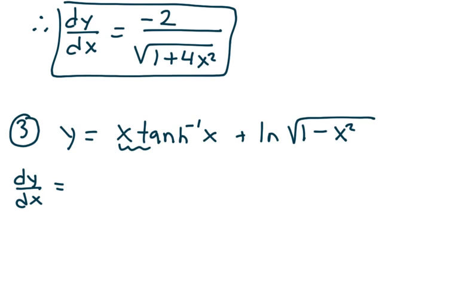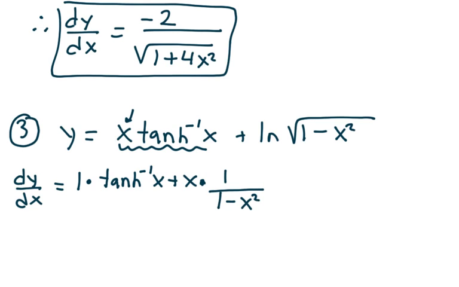if we look at this first term, it's the product rule. So with the product rule, I'm going to write the derivative of the first, which is 1, times the inverse hyperbolic tangent of x, plus x times the derivative of the inverse hyperbolic tangent of x, which is 1 over 1 minus x squared.